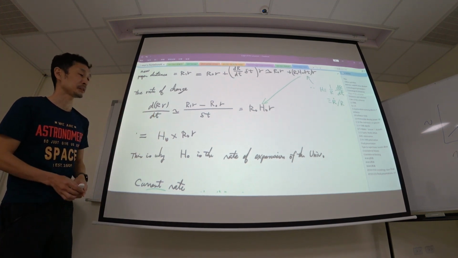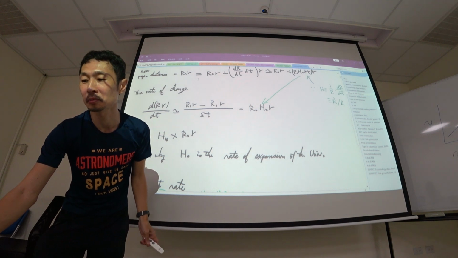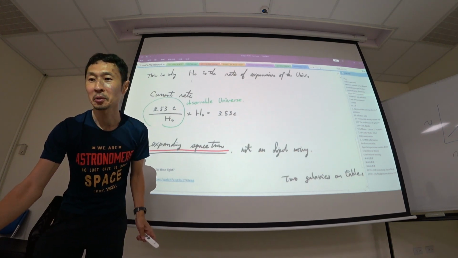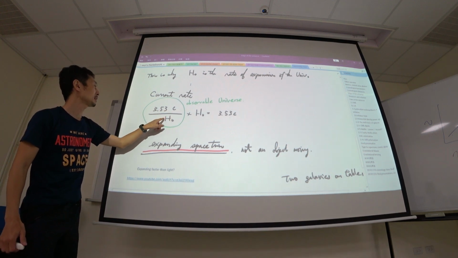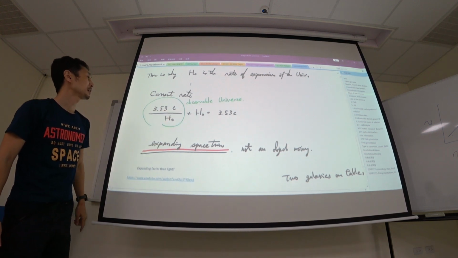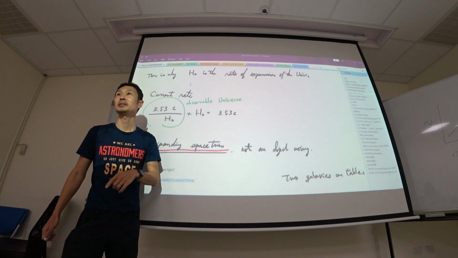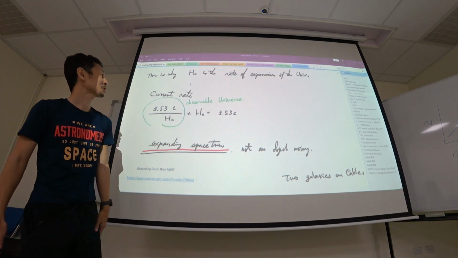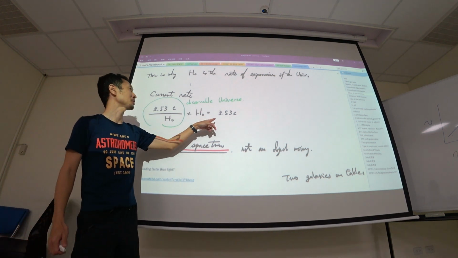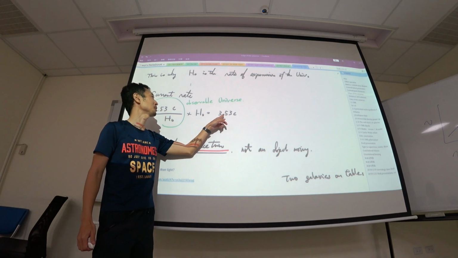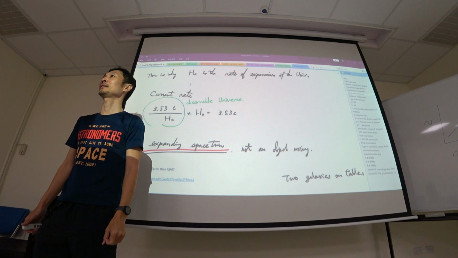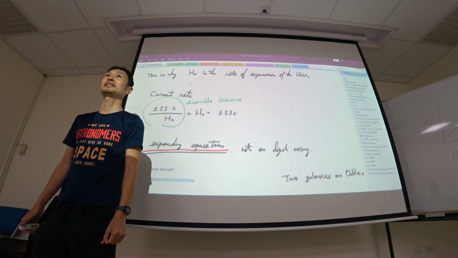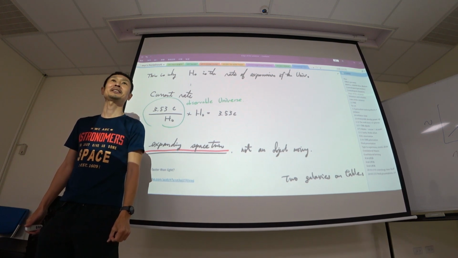And then what's the velocity? Because H0 is the rate of the expansion of the universe. So let's multiply this 3.53c divided by Hubble and then multiply by the Hubble parameter. So we got the expansion speed of the universe. The expansion speed of the universe is 3.5 times the speed of light. Happy? Is this okay?